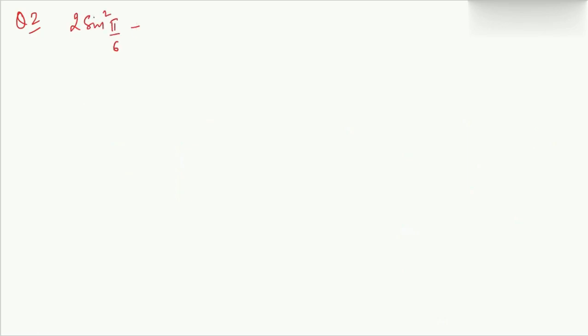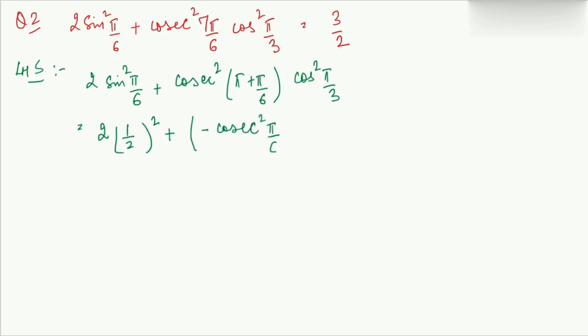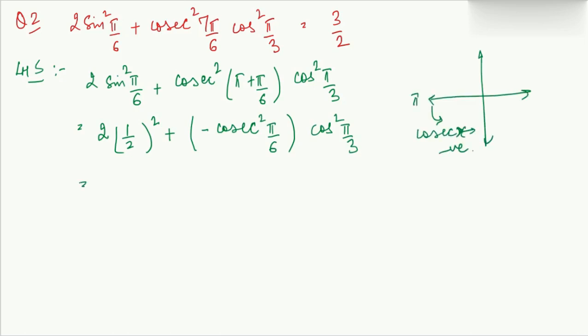Question number 2. We need to prove 2 sin² π/6 + cosec² 7π/6 cos² π/3 = 3/2. Cosec² 7π/6 can be rewritten as cosec² (π + π/6). Since it will go in the third quadrant, it will give you cosec² π/6.